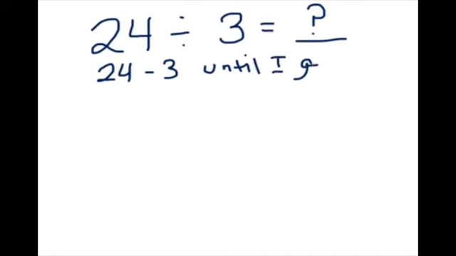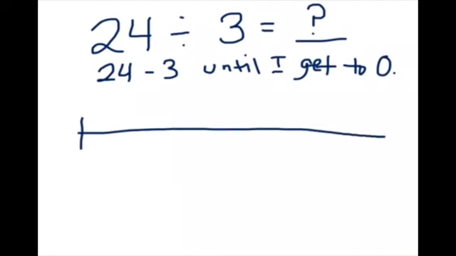Until I get to 0, okay? So let's make our number line. And I'm going to end the number line with my big number, 24, because remember, we're going to go backwards until we get to 0. That's our goal.